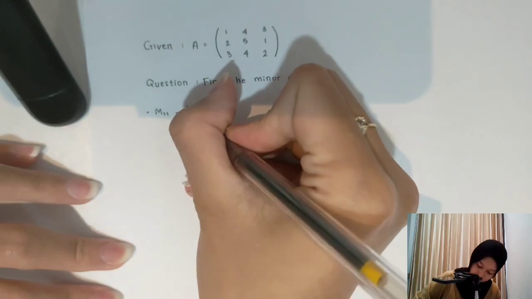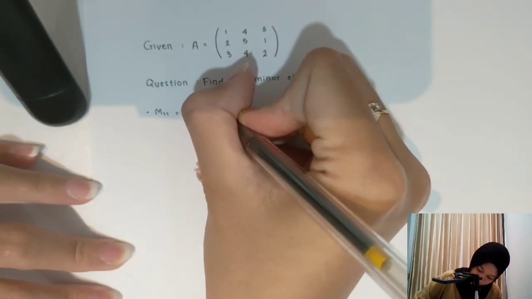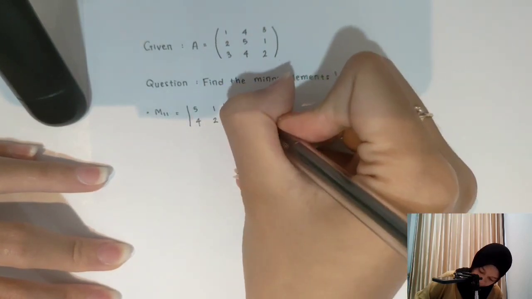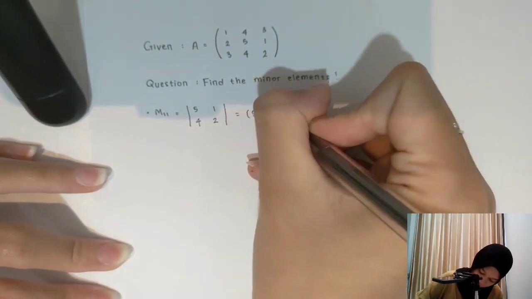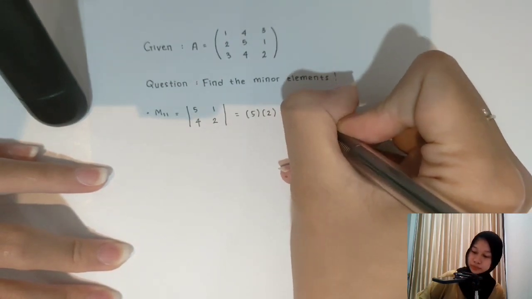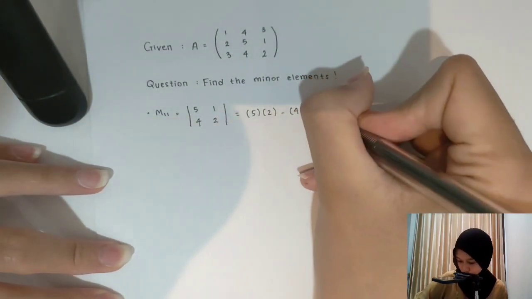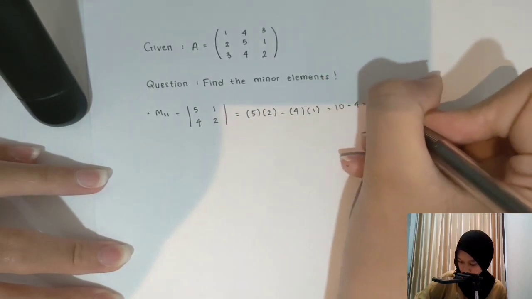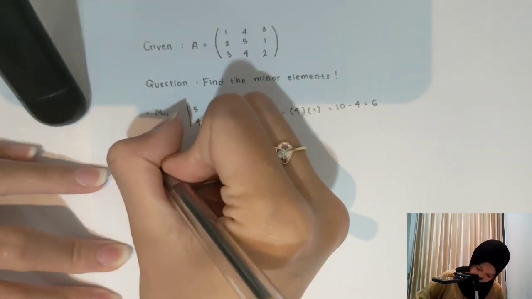So it will be 5, 4, 1, and 2. And then 5 times 2 minus 4 times 1. It will be 10 minus 4, 6.